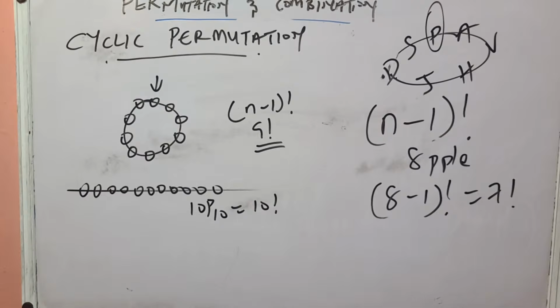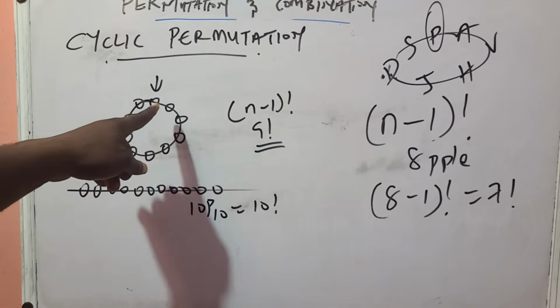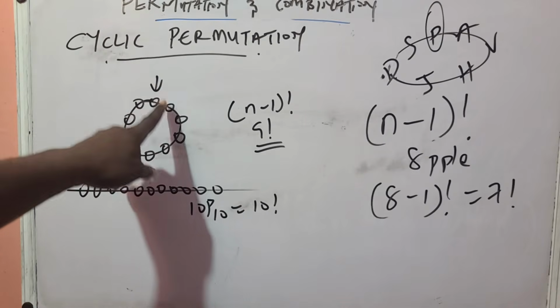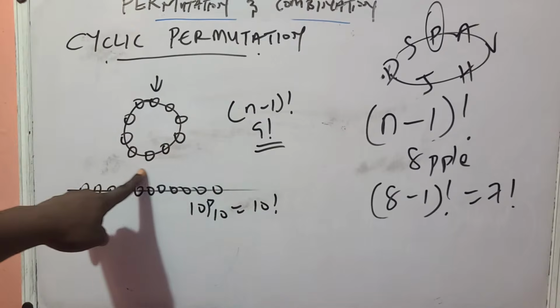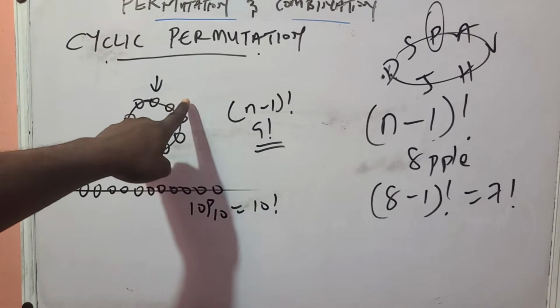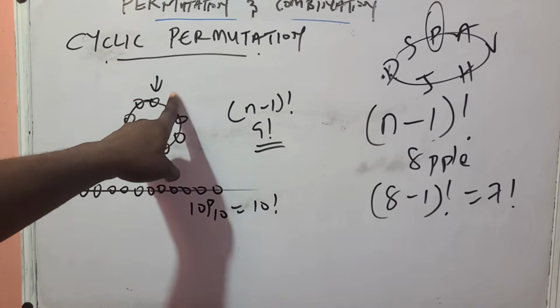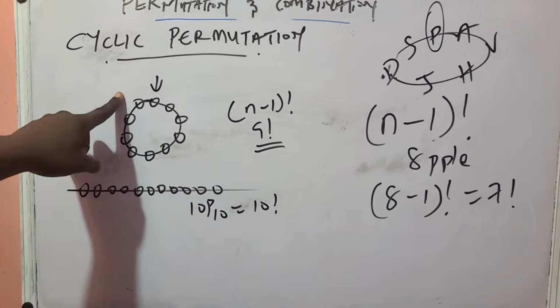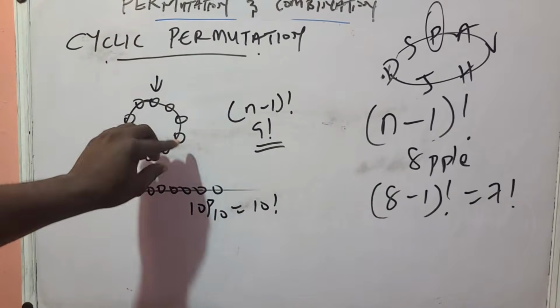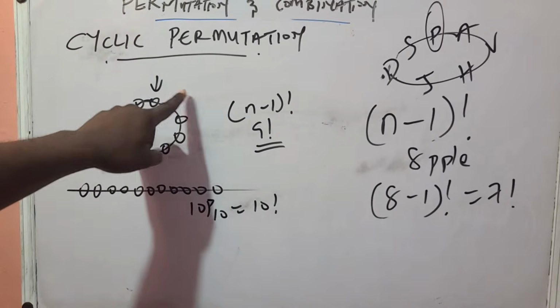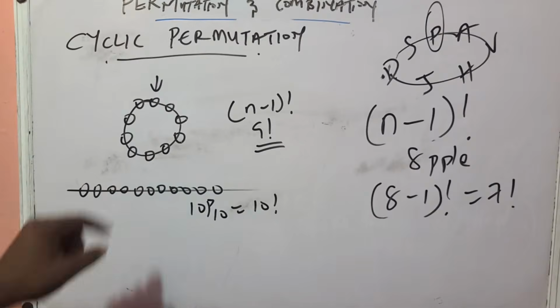But one thing that you need to understand is that if I held this, I was permutating this way, where I was making this maybe the first one, the second one, and so on. You know what permutation is all about, where I'm changing the arrangement.